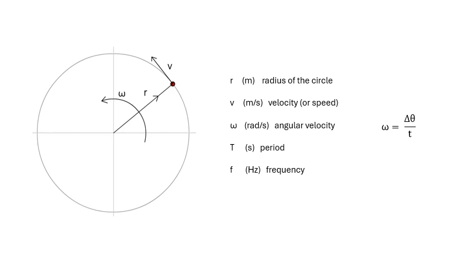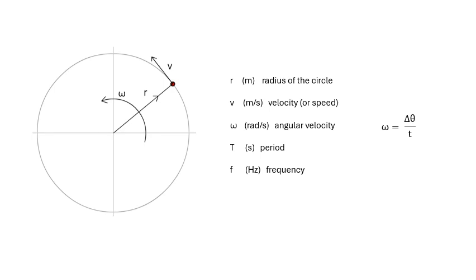So let's define some terms here. So we've got the radius of the circle, r, we've got the velocity. Now the instantaneous velocity, because obviously the direction is changing all the time, but the velocity, which is going to be tangential, or the speed, which we have said is constant.